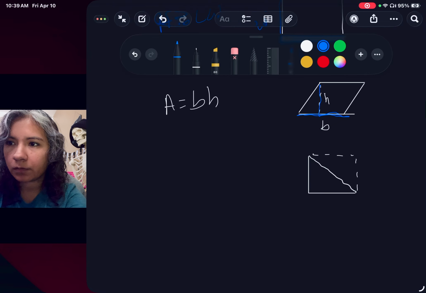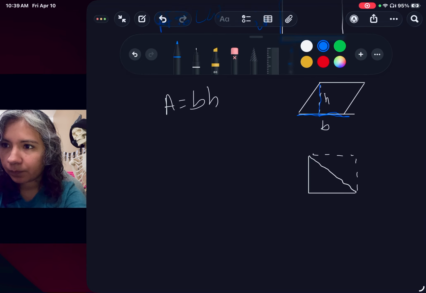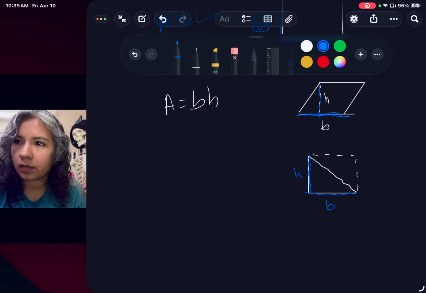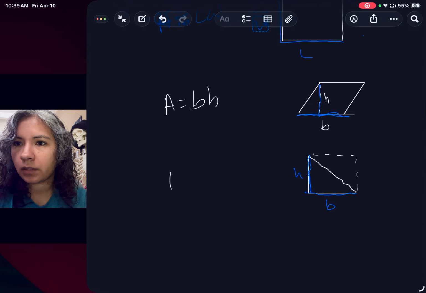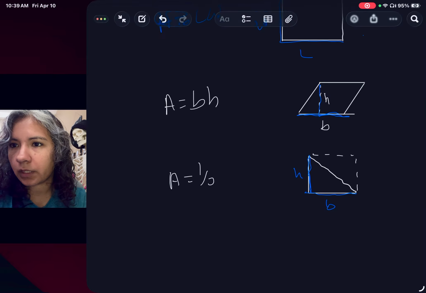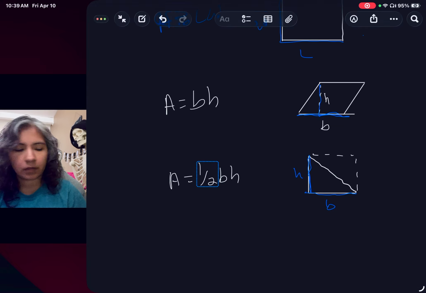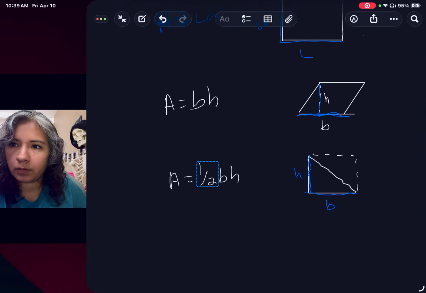Here's our height, here's our base. So we do, area of a triangle is 1/2 base times height, or base times height over 2.